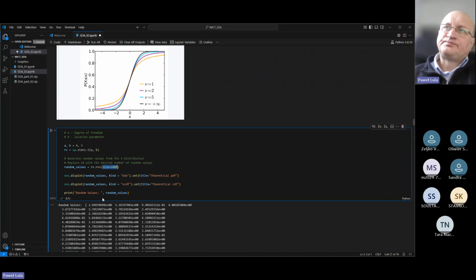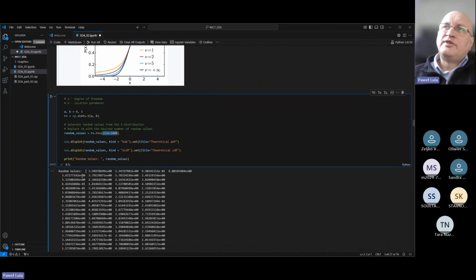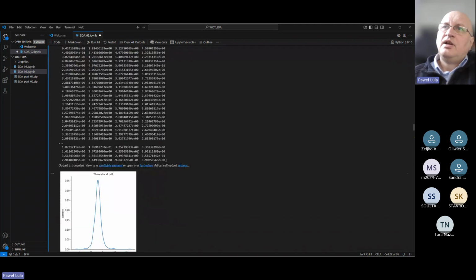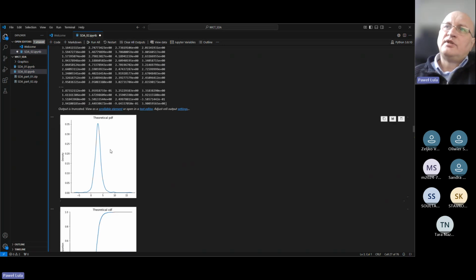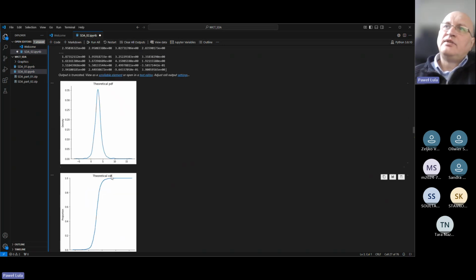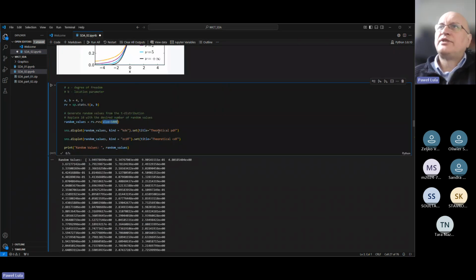And of course, we can display these values. And also, I generated these two plots with PDF and CDF, cumulative distribution function. But sorry, it is not theoretical, it is empirical, because it is based on this data.